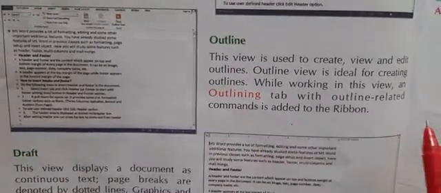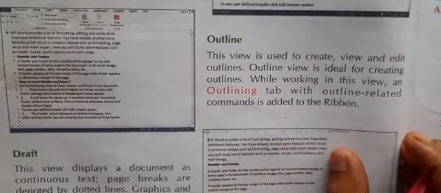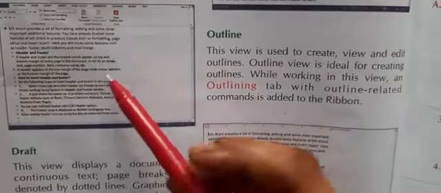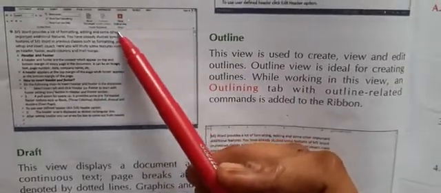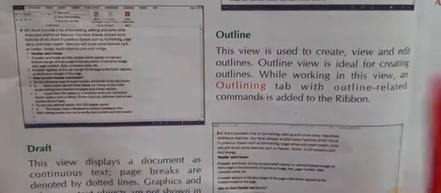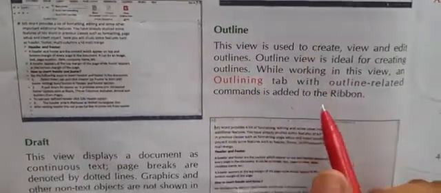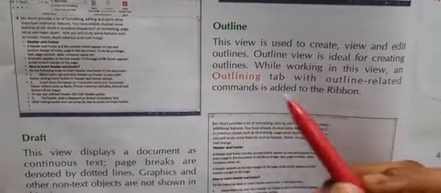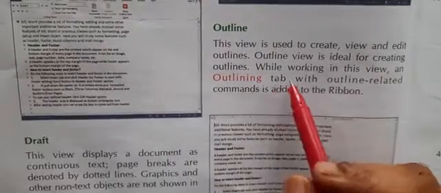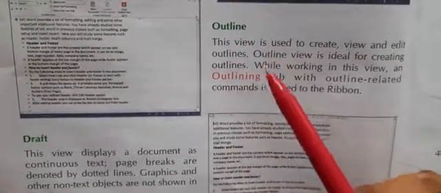While working in this view, an outlining tab with outline related commands is added to the ribbon. An outline tab will appear in the tab groups in the ribbon. With this we can use some commands while working in outline mode.